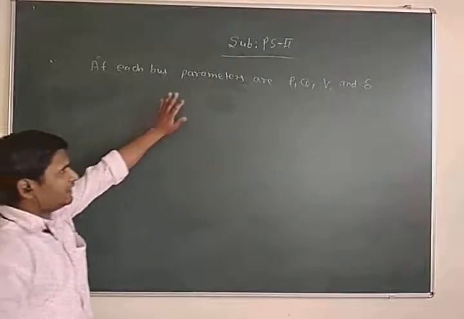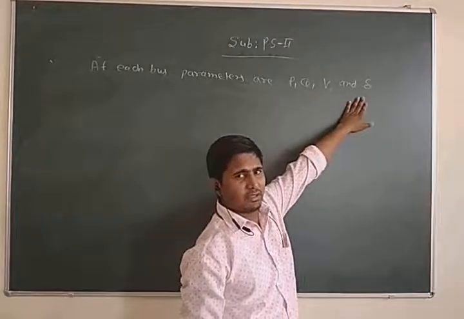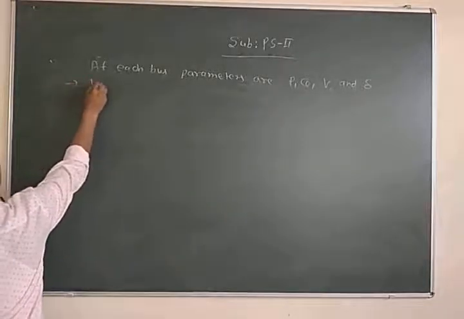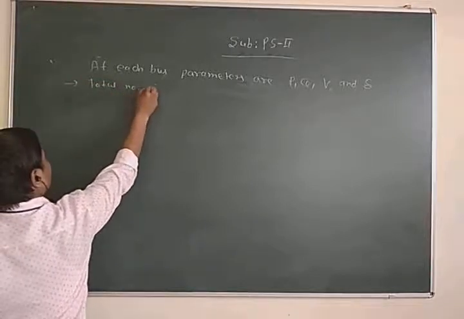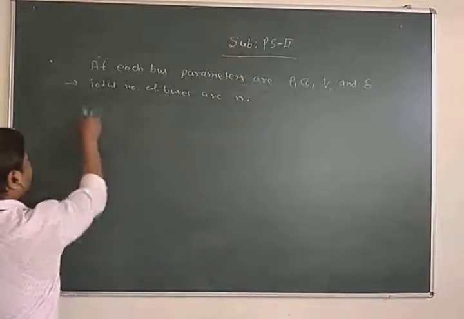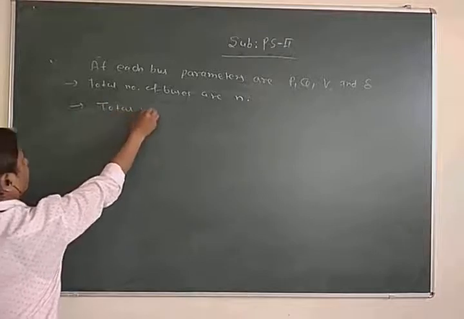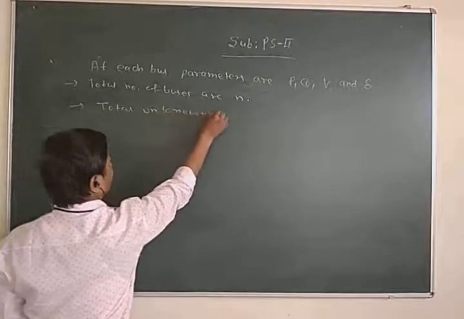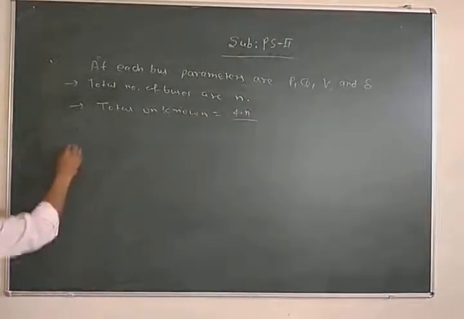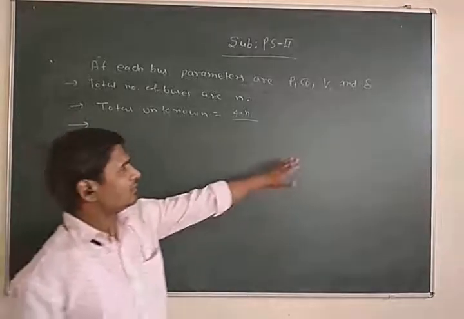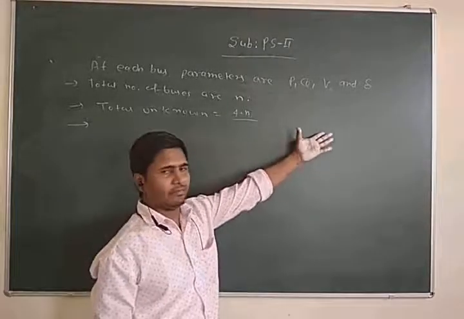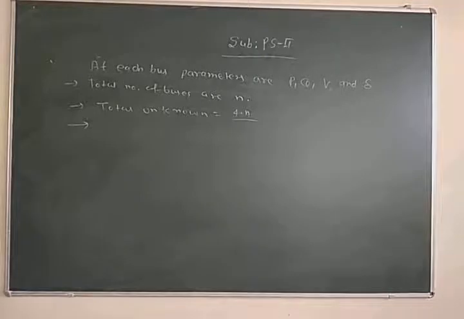So at each bus there are 4 parameters. The total number of buses in our power system is n, so the total unknown is equal to 4 into n. For simplicity we take 2 parameters as constant, so the remaining 2 parameters we can calculate using iterative methods.